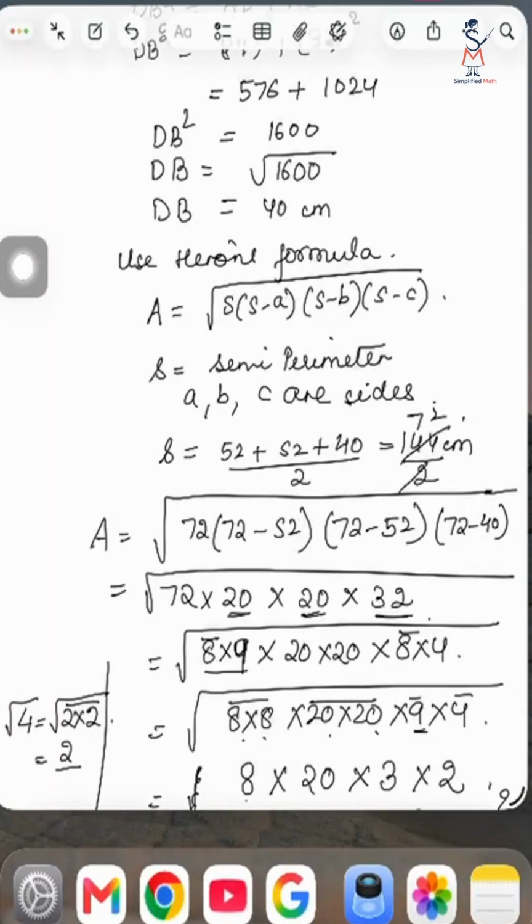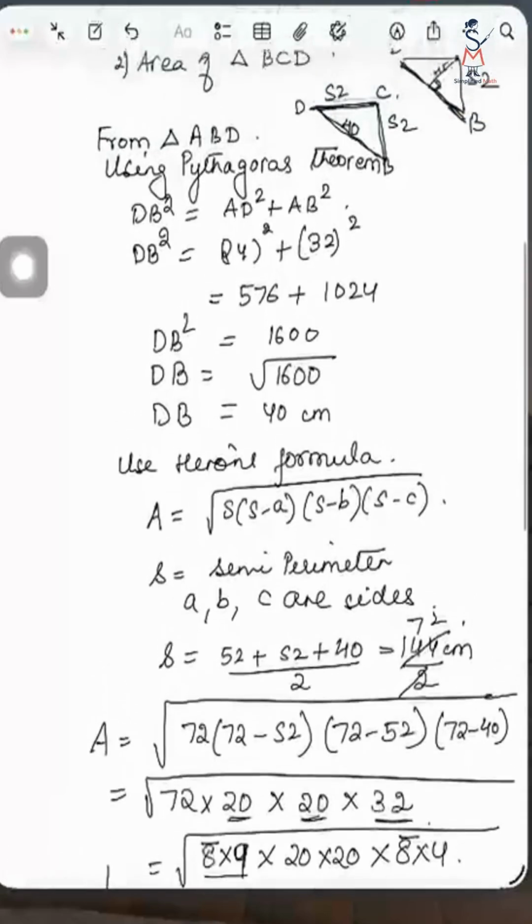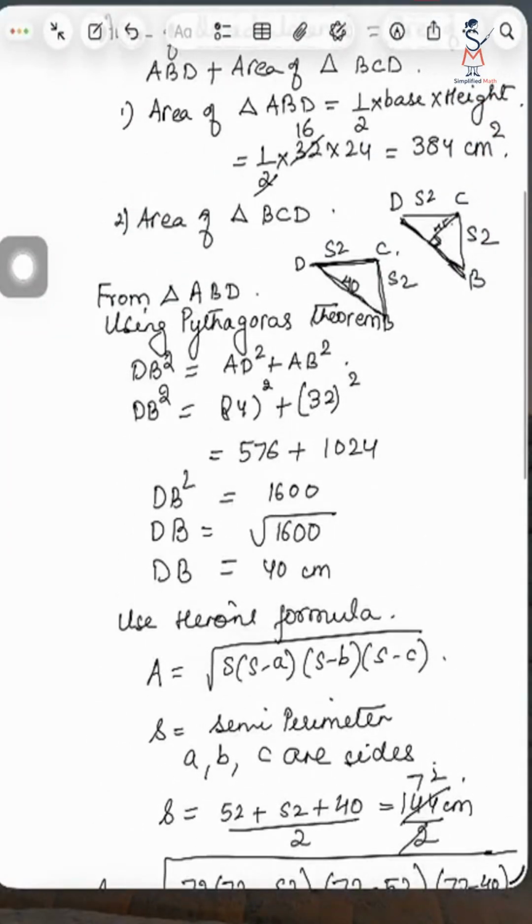So what will be the area of the quadrilateral? The total area will be the area of triangle ABD plus the area of triangle BCD.